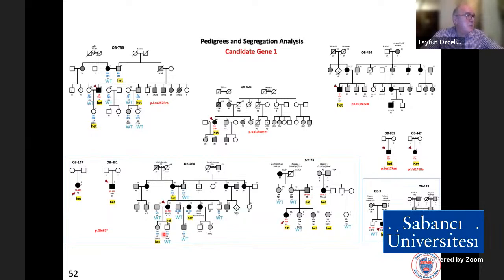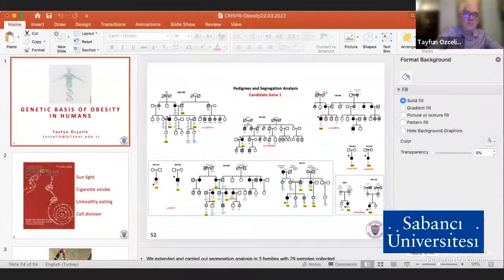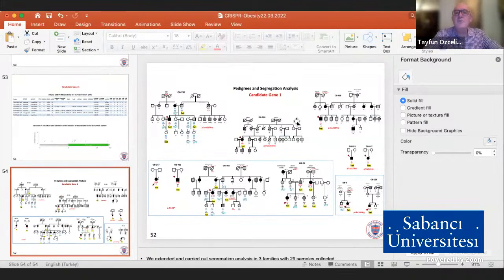There are several mutations in several of our families, and right now further studies, like introducing these mutations in model organisms, are ongoing. I think this concludes my talk for today. If you have questions, I'd be happy to answer them. Thank you very much for your attention.